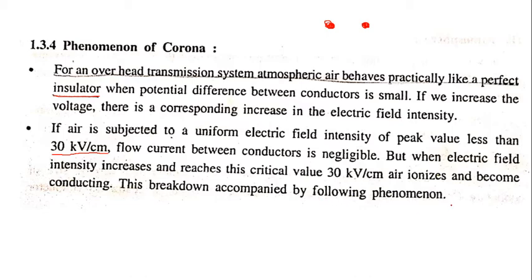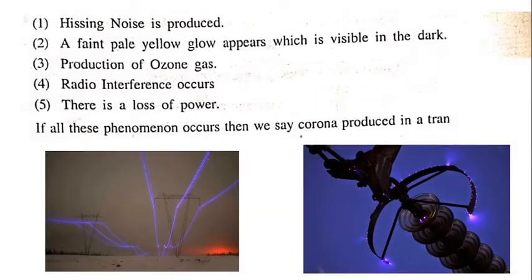A hissing noise is produced, then a faint pale yellow glow appears, which is visible in the dark. Ozone gas is produced, then radio interference occurs, and there is loss of power. All these phenomena occur when corona is produced.